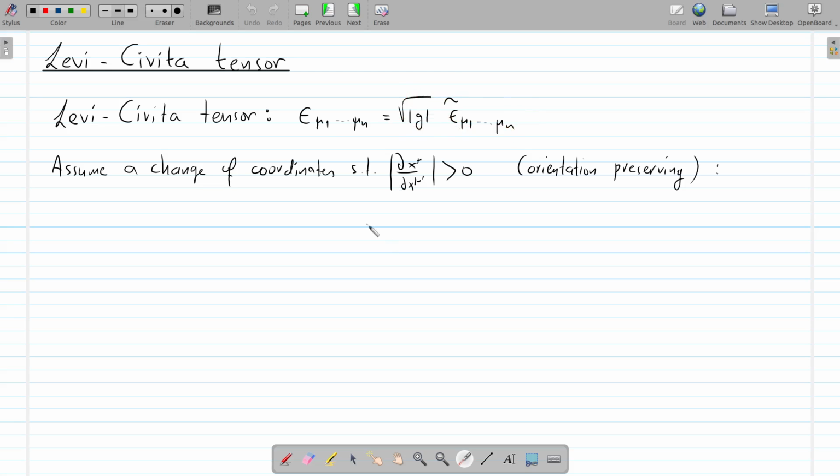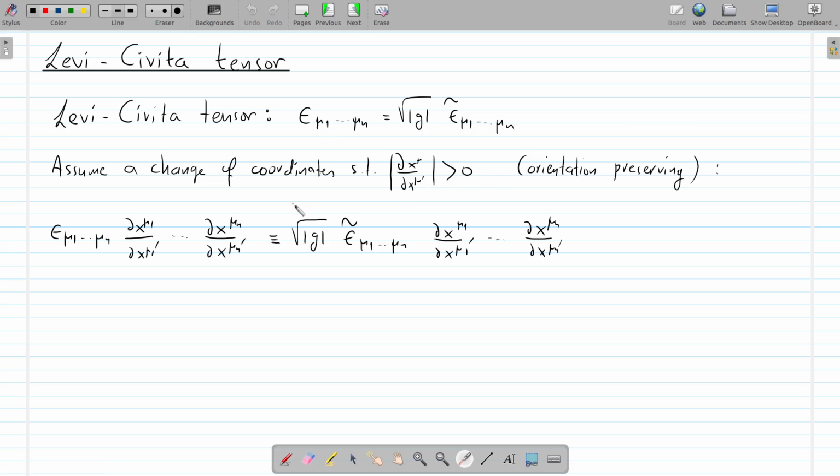So let's prove that this is indeed a tensor, and for that we will compute its transformation properties. So let's take epsilon and multiply it by the derivatives of dx with respect to dx prime. We substitute the definition that we have just given here.